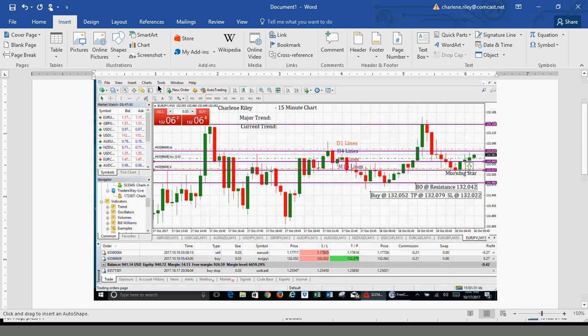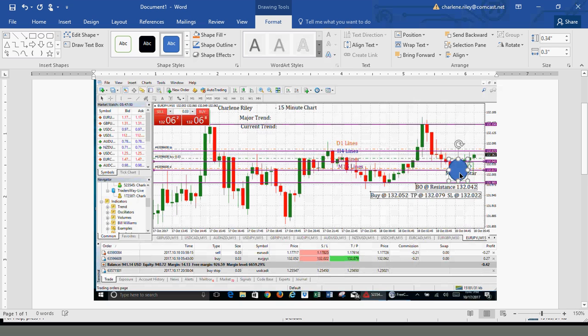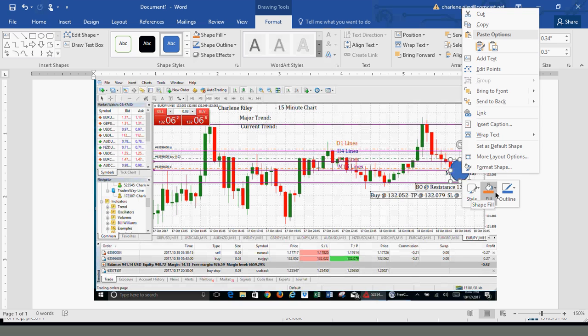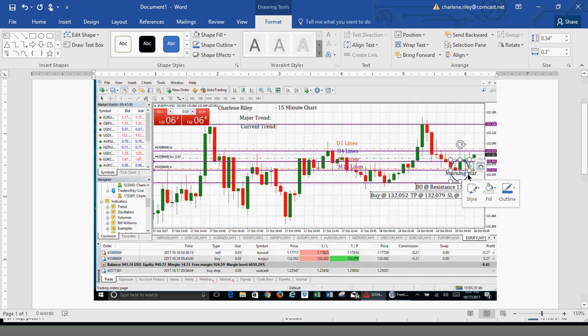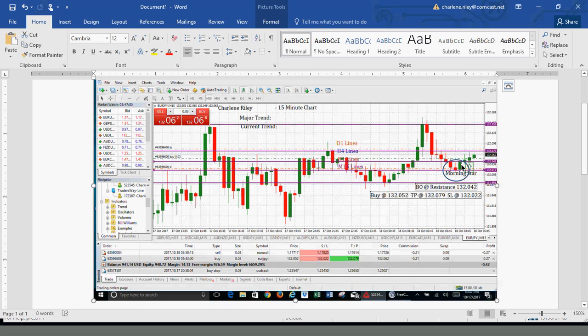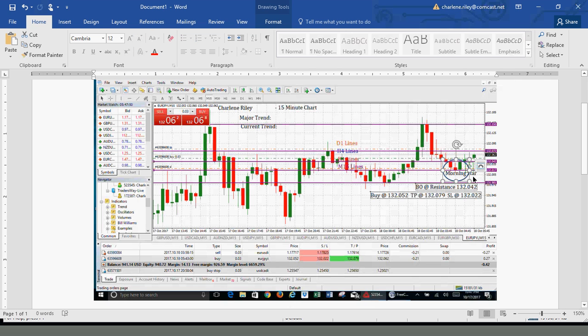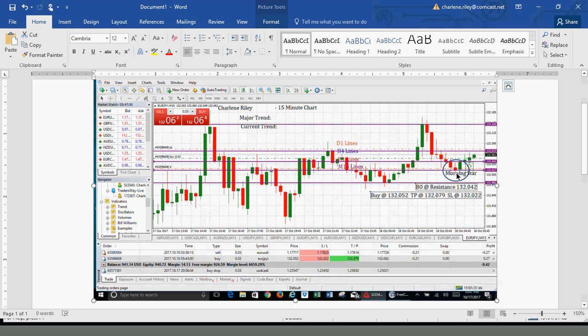And I'll take a circle. And then, of course, we got to say no fill, because you got to be able to see what you're working with. Okay, so I've got my Morningstar circled.